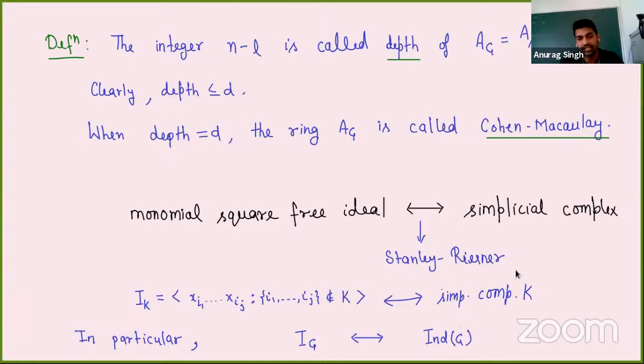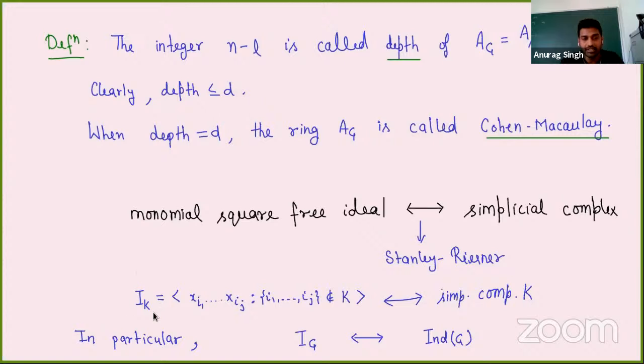Suppose you have a complex K. How do you define a monomial ideal? The monomial ideal is generated by all the monomials x_i1 up to x_ij such that {i1, ..., ij} is not a face of K. You take all these monomials as generators of the ideal.